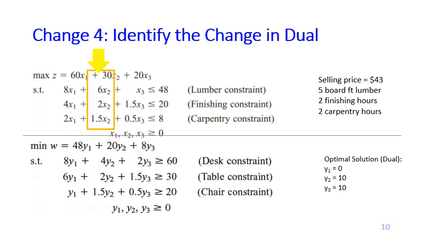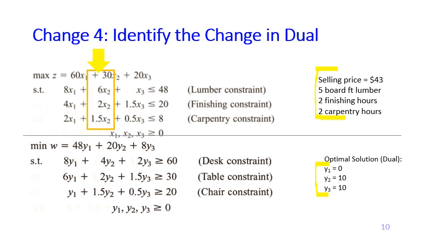Again, using the idea of duality, we are going to check the feasibility of the dual solution, or the CBVB inverse, whether it is still dual feasible or not. Same as before, we start by identifying the change that we do in the primal. So we have a new column for table. How does it affect our dual problem?